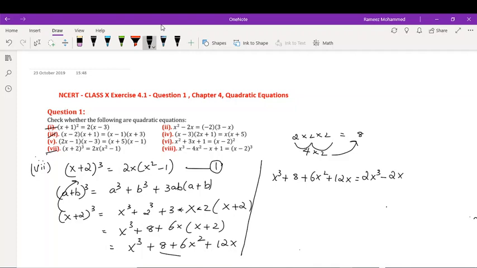Got it? Cool. So just bring the 2x cube minus 2x to the LHS. What you'll get is x cube plus 8 plus 6x square plus 12x, and the plus 2x cube will become minus 2x cube, and minus 2x will become plus 2x.